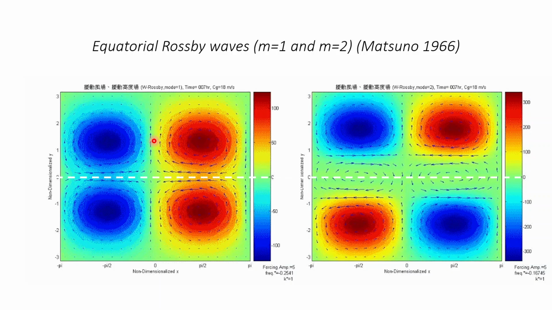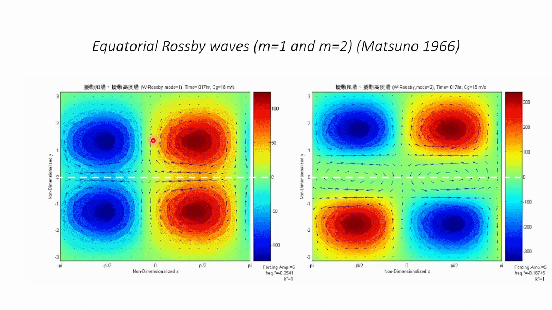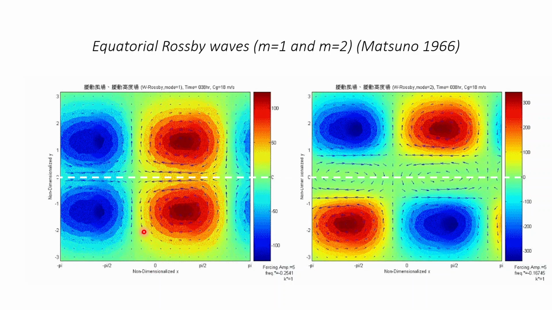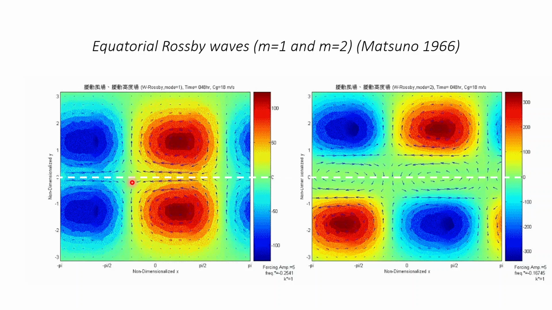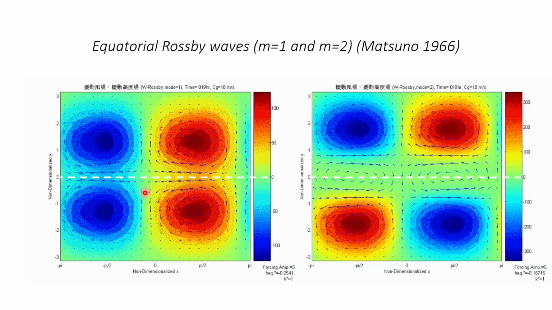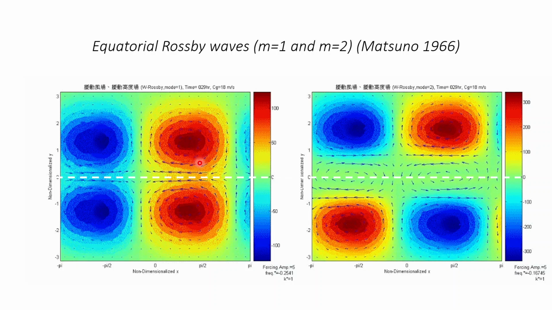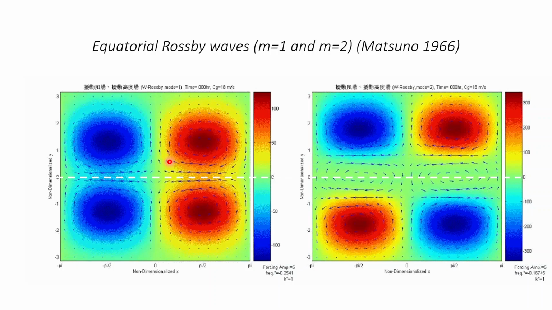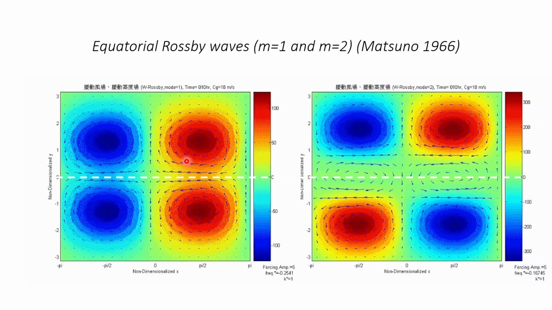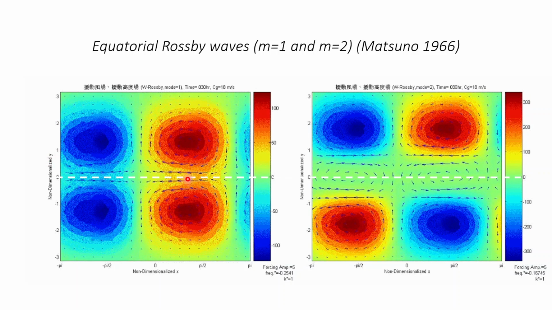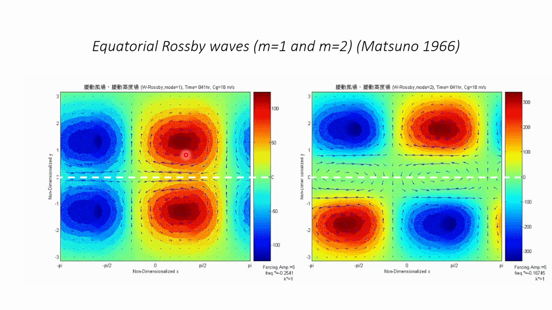That means v in the northern hemisphere is equal to minus v in the southern hemisphere relative to the equator. But the zonal flow and the geopotential height are symmetric with respect to the equator. The Rossby wave is propagating westward, and this is the m equal to 1 Rossby wave.